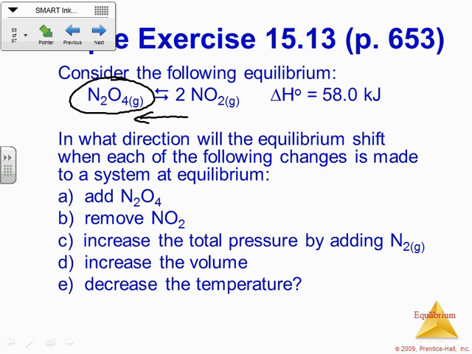Okay, so that's if the pressure was increased because we decreased the volume. But we're doing the opposite of that. So if we increase the volume instead, then it should shift the equilibrium in the other direction. Okay? I think it makes more sense to think about the increase in pressure and then just do the reverse of that.